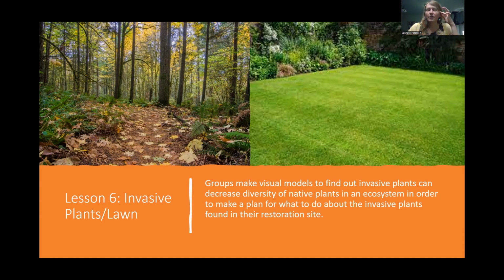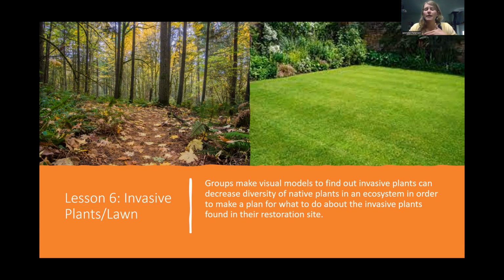If you have lawn, you can consider lawn to be an invasive species and still do this lesson, but it's really up to you. You only really need to do this lesson if there's an invasive species such as Himalayan blackberry, English ivy, or kudzu, or all the invasive vegetation we have in this country, in your restoration site.